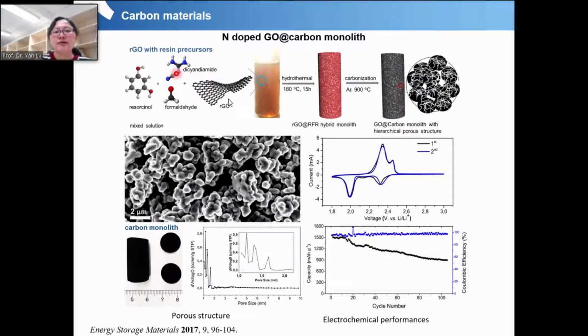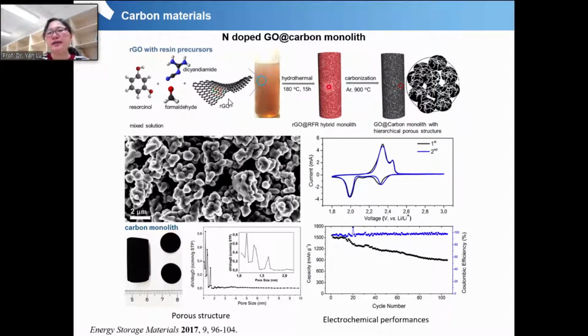Because if you want to have additional chemical confinement of the polysulfide, you need to do this nitrogen doping, as we saw already from the work of other groups. And then we add graphene, so reduced graphene oxide, to increase the conductivity of the system.